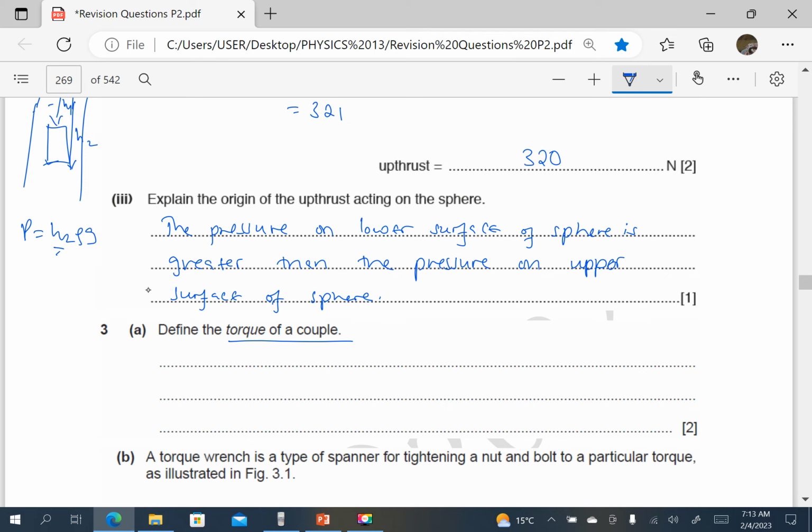So the torque of a couple, or the moment of a couple, is going to be the product of the magnitude of one of the forces and the perpendicular distance between the two forces.